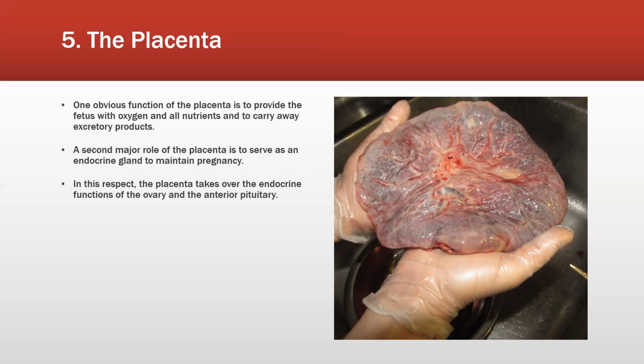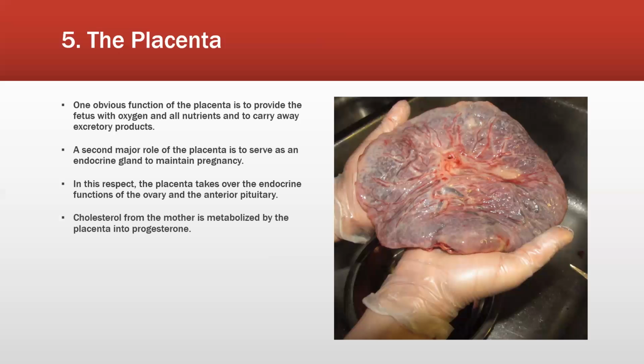So as the pregnancy progresses, you're going to see less reliance on the hormonal levels from mom specifically, and it really is starting to shift over to the placenta being able to produce those hormones in sufficient amounts to encourage and support development of the growing fetus.